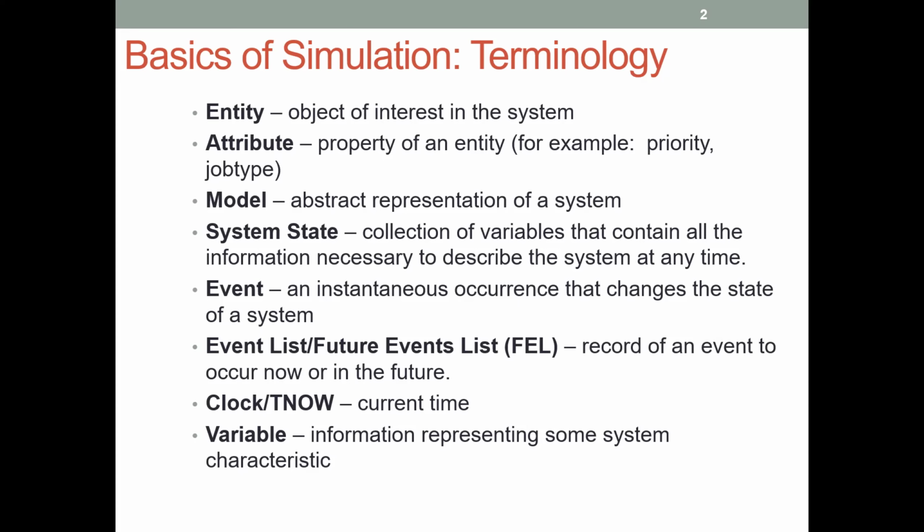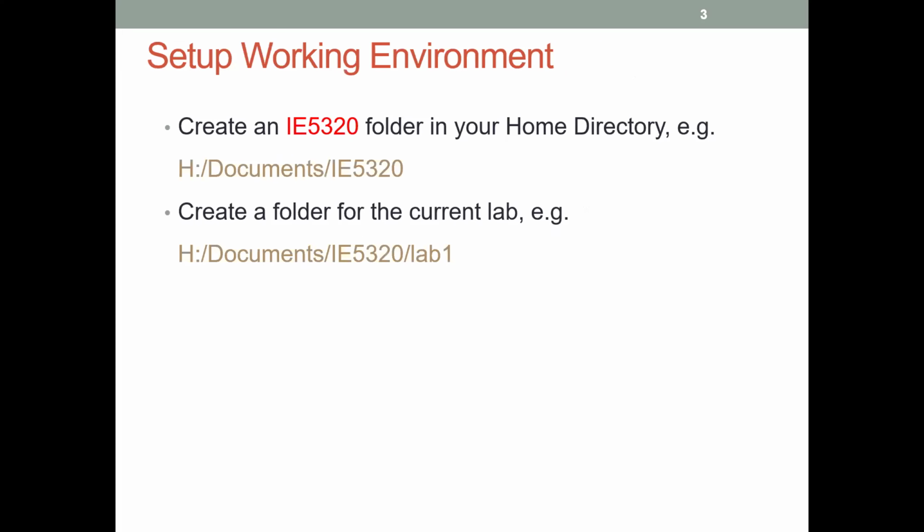For example, if you assign this is job type 1, the entity will be a job type 1 throughout the simulation until it is discarded at the end. If you assign an arrival time for this part, the arrival time is not changing. That time is assigned to the entity and it's not going to change until the end of the simulation. So those are the types of properties that we are going to be working with today.